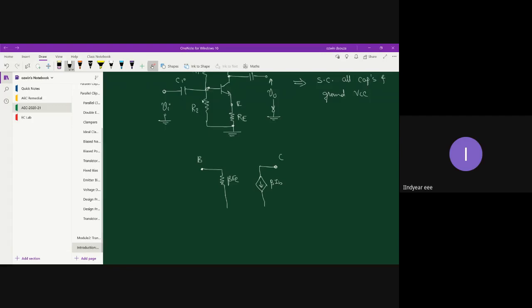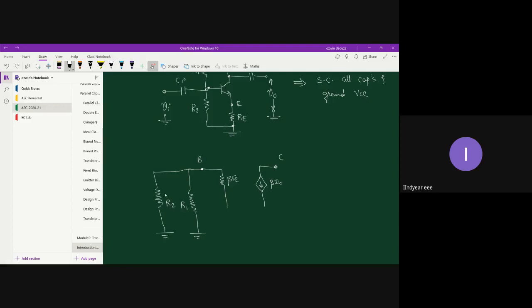R2 and R1 will have the parallel connection. So let me write it something like this. This is R1, this is R2.